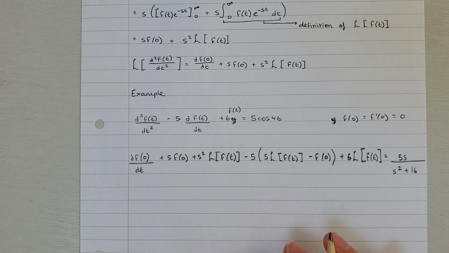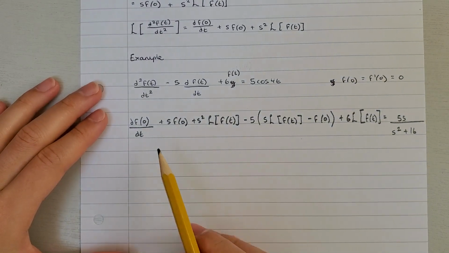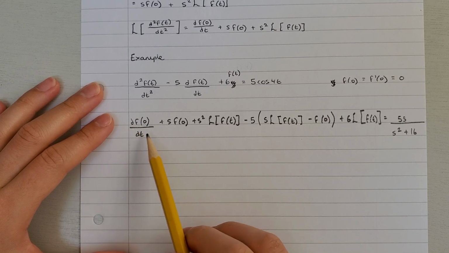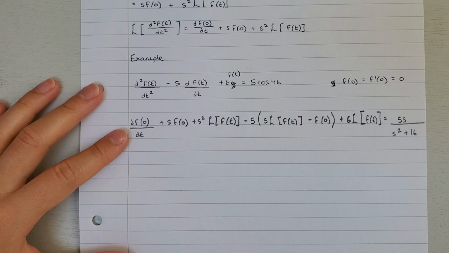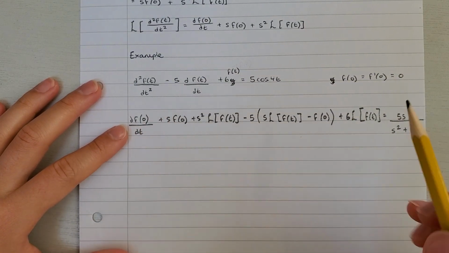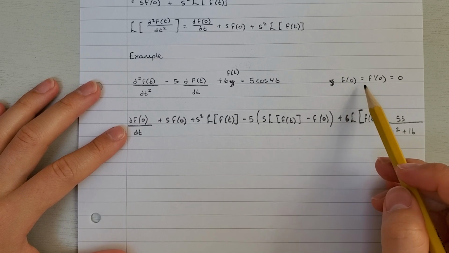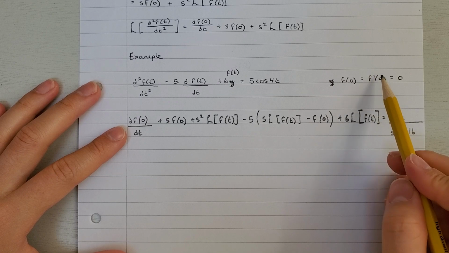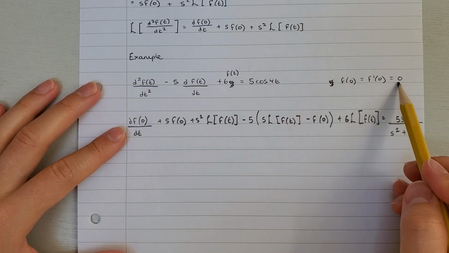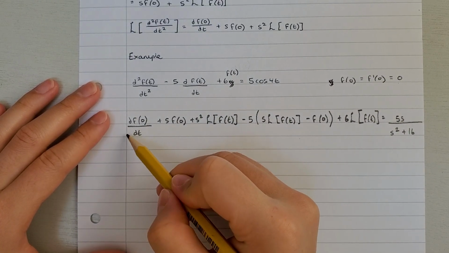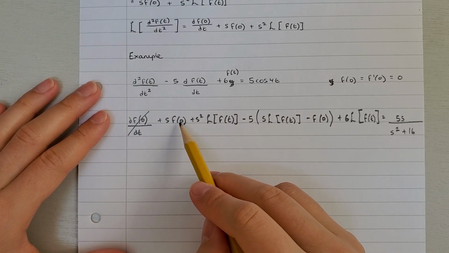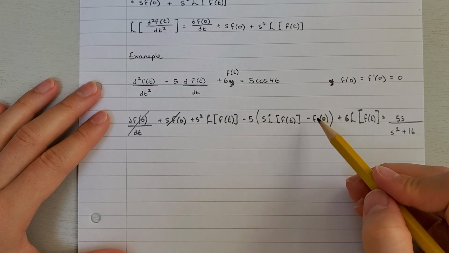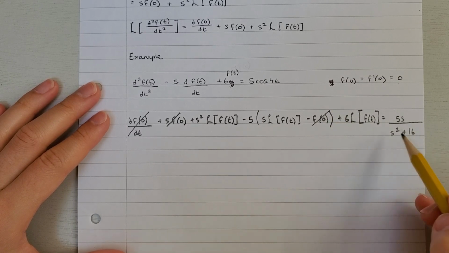So now we're going to add the Laplace transform of the derivative, which we forgot. Now we're going to substitute in these values because we were given the initial conditions of the function and the first derivative, and they're both equal to 0. So this term is 0, this term 0, this term 0, and that's it.